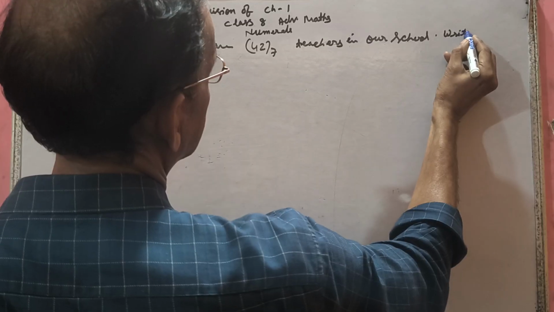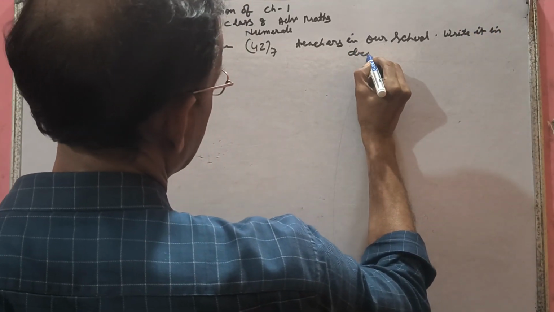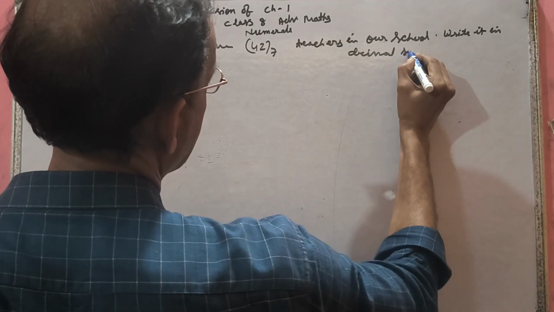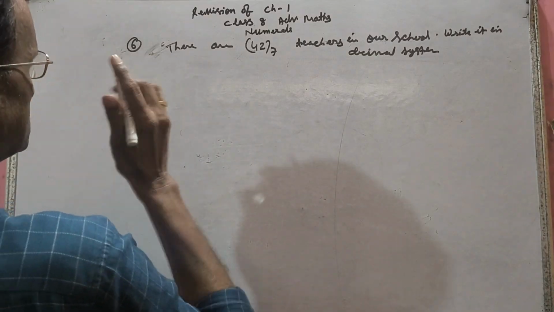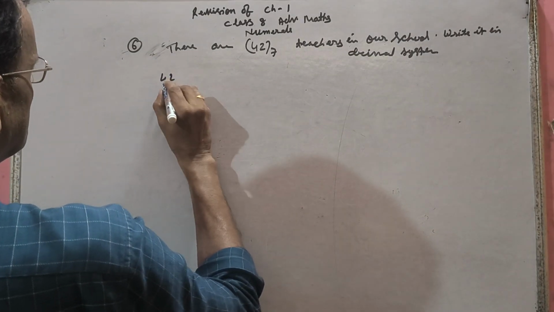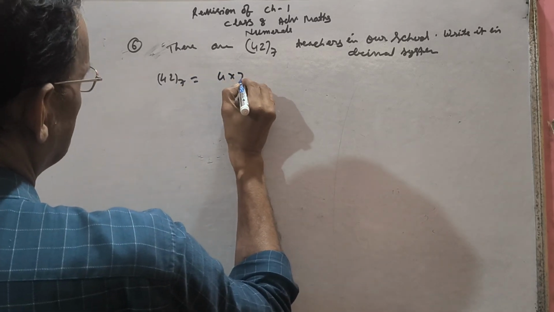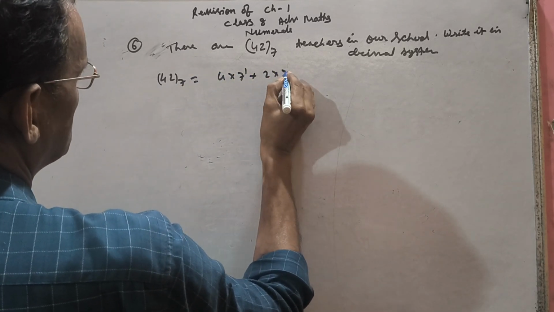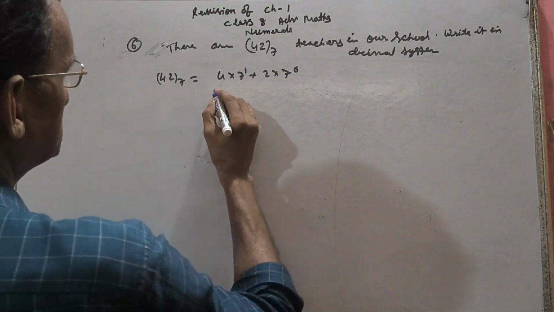Write it in decimal system. To convert to decimal, 42 base 7 is equal to 4 into 7 to the power 1 plus 2 into 7 to the power 0. Base 7 we have converted to decimal system.